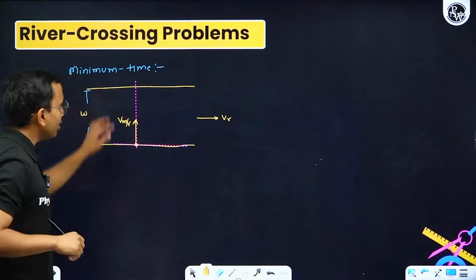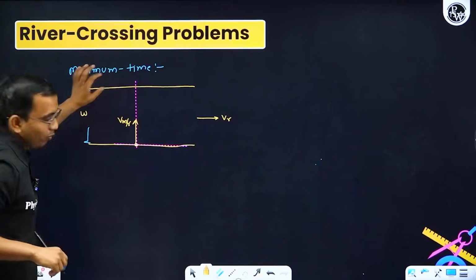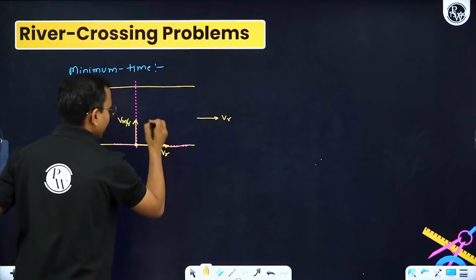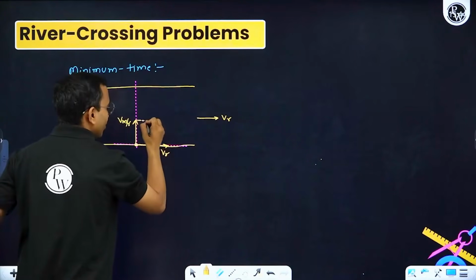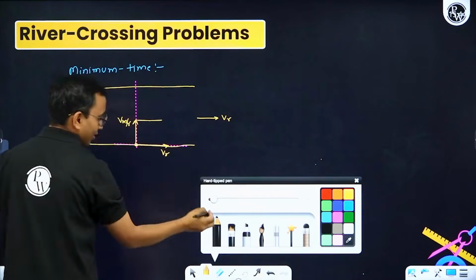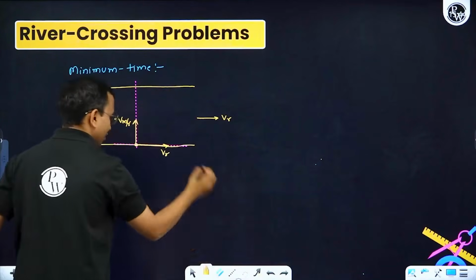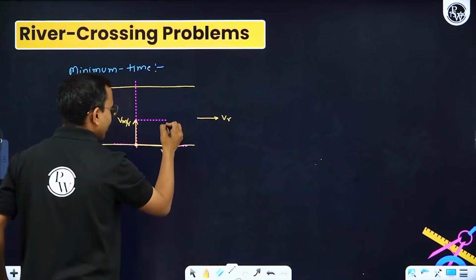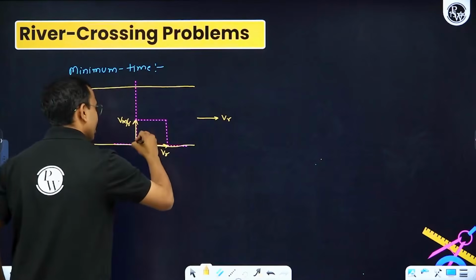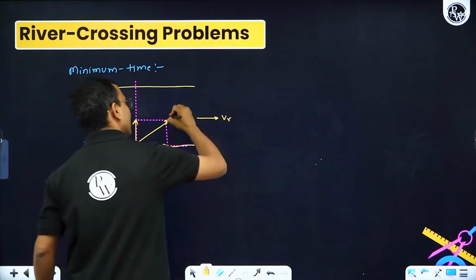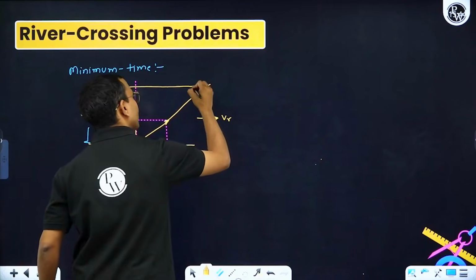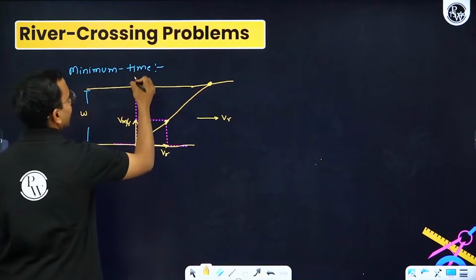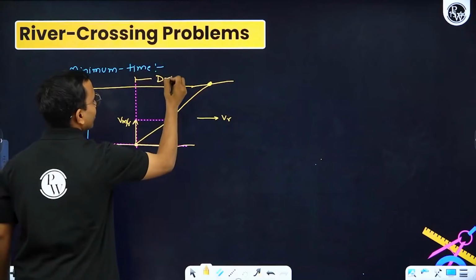But will he reach directly opposite? No. Why so? The river is also there. This is the velocity of the river, and the resultant of the two vectors will come somewhat in this direction, and he will reach somewhat here. This becomes my drift.